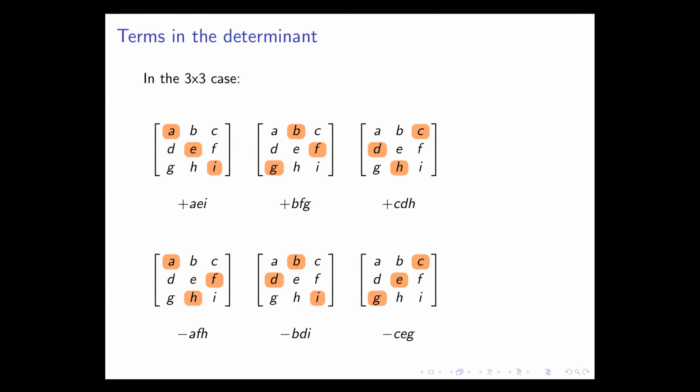And the same in the 3 by 3 case, right? Here there are 0 inversions. Here there are 2 inversions, 2 inversions, 1 inversion, 1 inversion, and 3 inversions. So think about an inversion as how many times you broke the normal order. In the first example, everything is ordered properly: you take the first column, first row, then second column, second row, third column, third row.